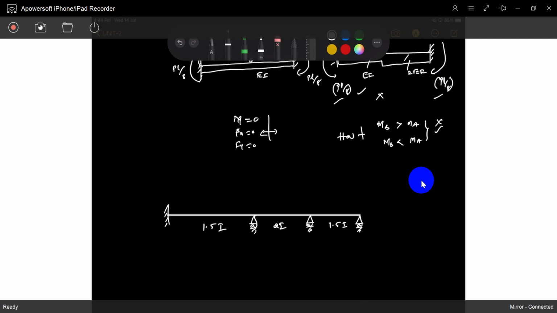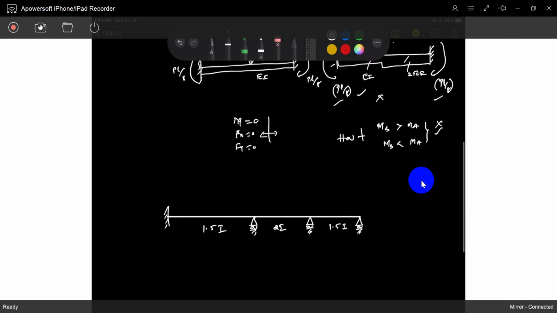E is the same because we use the same material. Only if the cross section is different, I is different. I is the moment of inertia, and the moment of inertia depends on the cross-sectional area. That's why they didn't give E. So E is the same. Okay, so the beam is A, B, C, D.